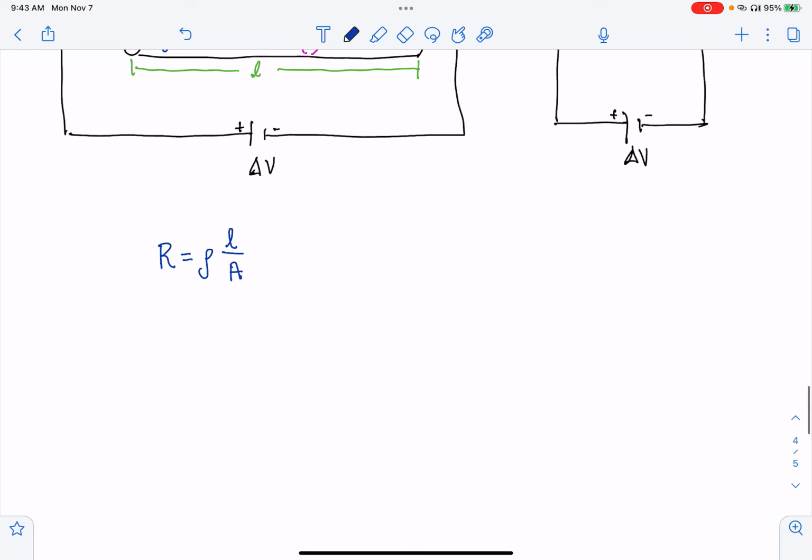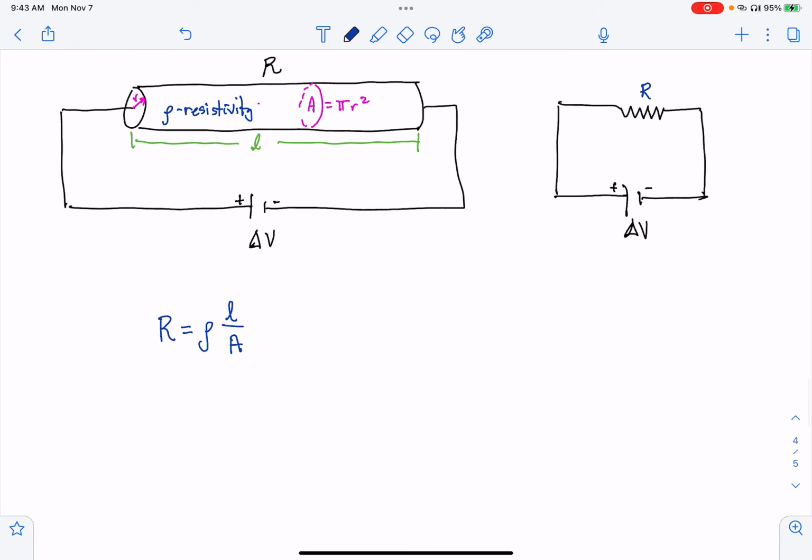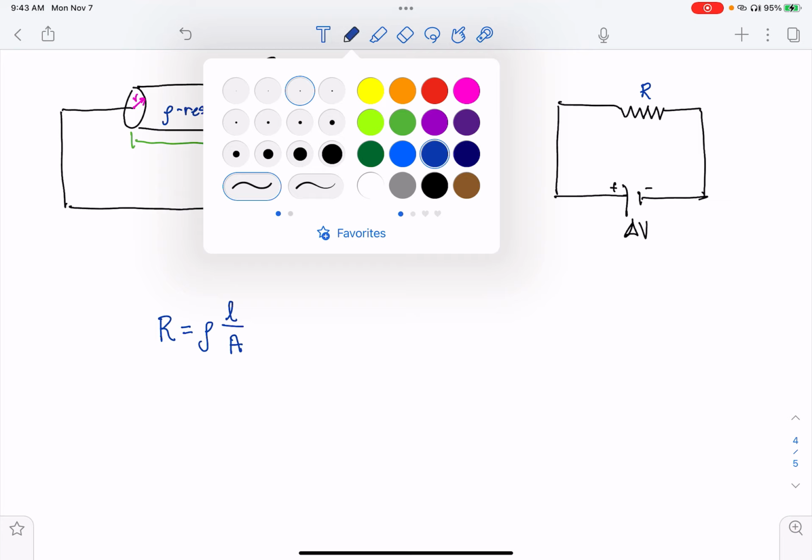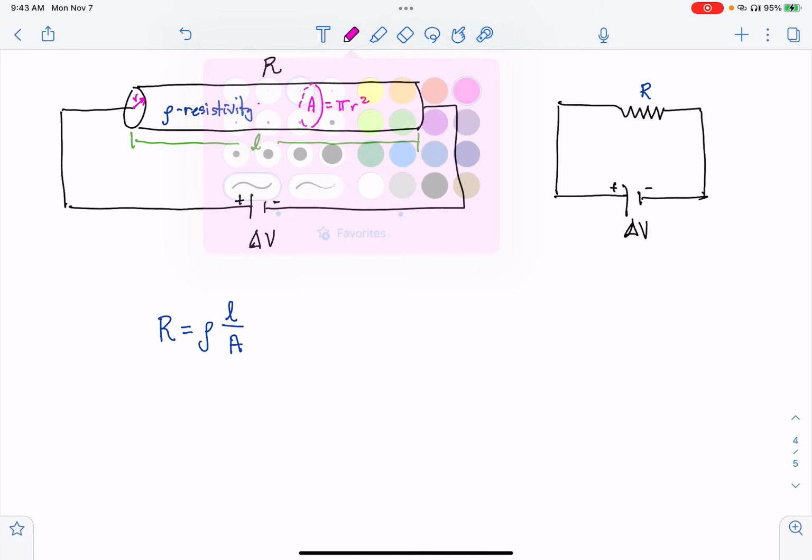Now, let me say this: the longer the resistor is, the greater the resistance is going to be. So if the length increases, the resistance increases.